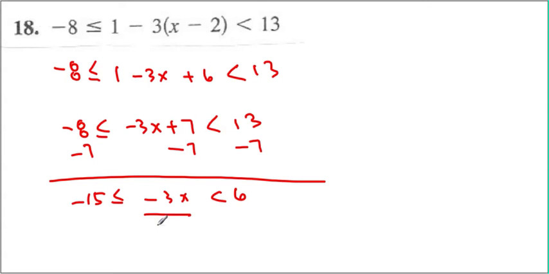Now, dividing by -3, then on the left side we end up getting 5. In the middle we get x, here we get -2. But whenever we multiply or divide by a negative, we have to switch the sign. So x has to be less than 5 but greater than -2. So if you wanted to, oh, by the way, this one has to have the equal sign over here.